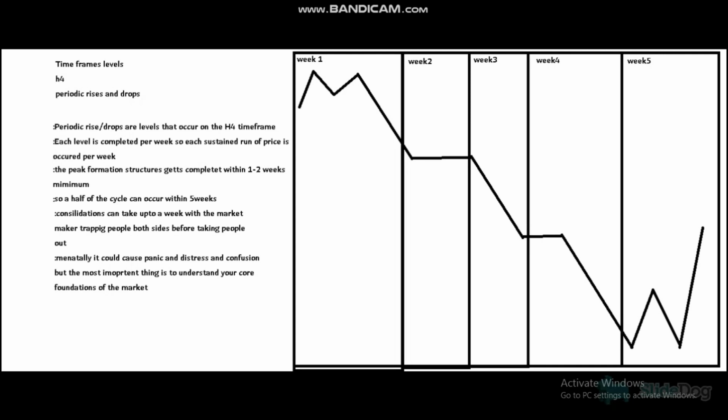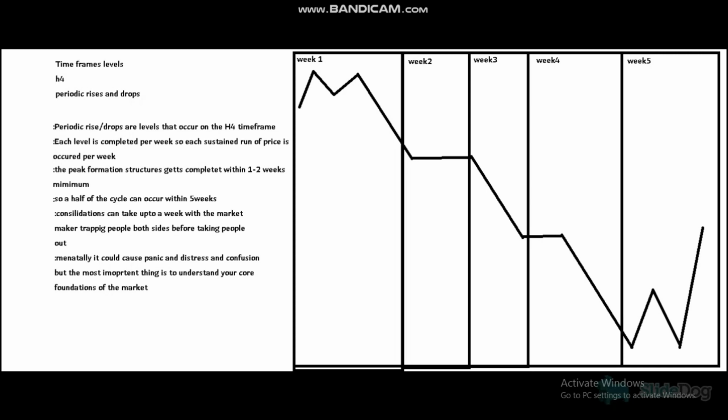So half of the cycle can occur within 5 weeks. So a part of the cycle, which is the downtrend and the uptrend, will occur within 5 weeks, more or less. Consolidation can take up to a week, with the market maker trapping people on both sides before taking them out.